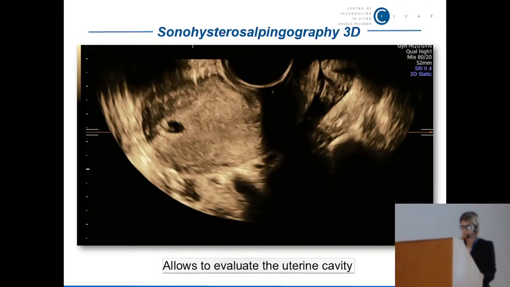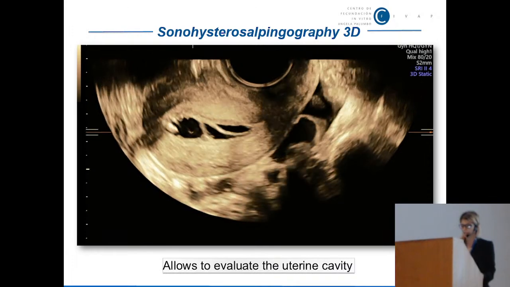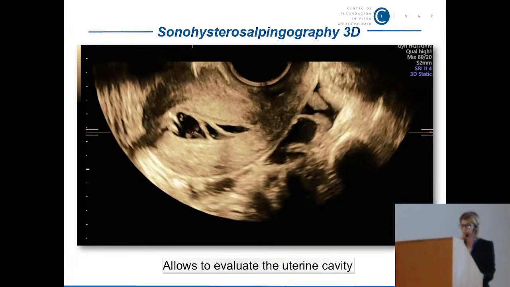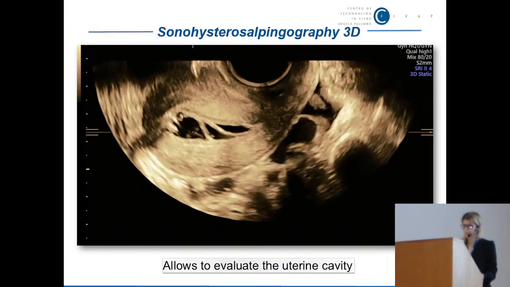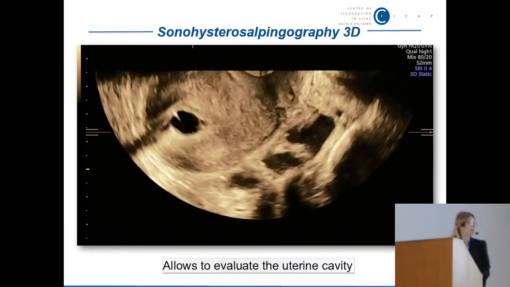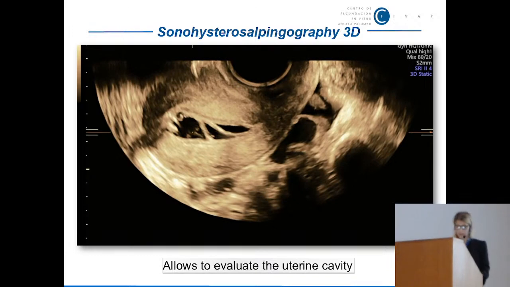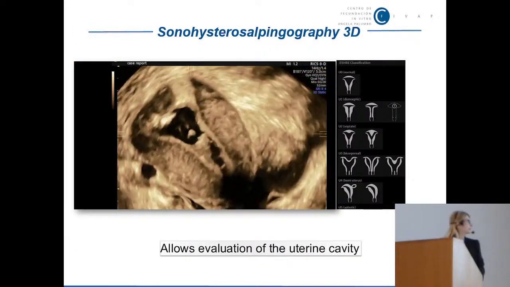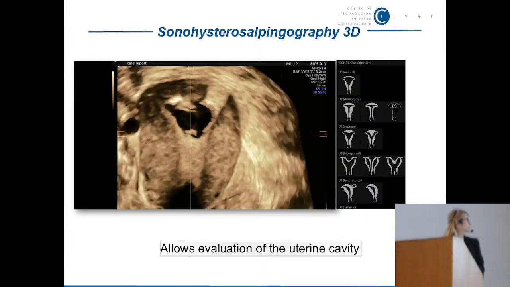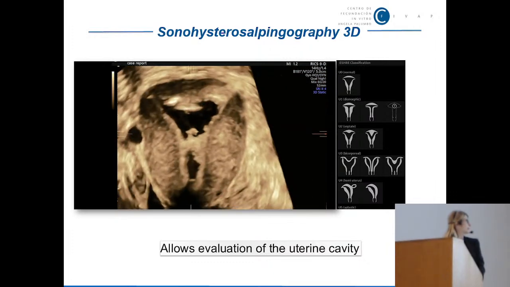This is a case of adhesions, and so it's certainly interesting to understand how the tube looks in this patient. Here you see the importance of the coronal plane, and it's important to check the tubal ostium bilaterally.